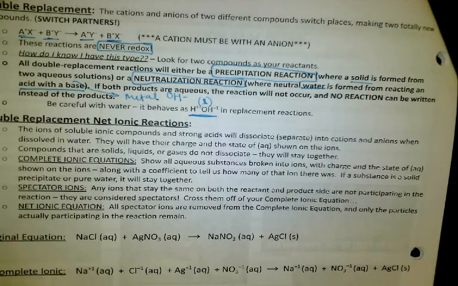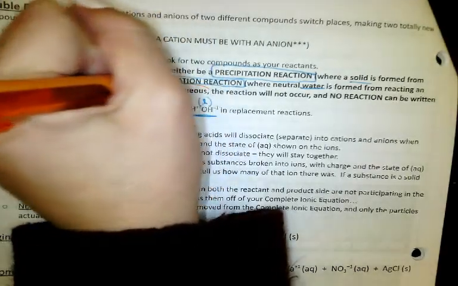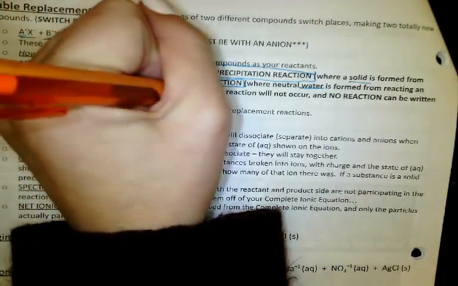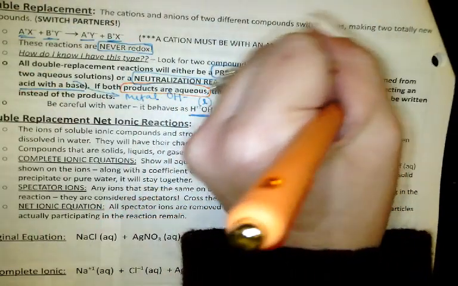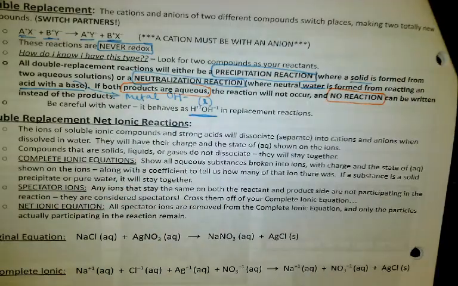Now, if both products are aqueous, not reactants, but products, then it's no reaction, because that's just basically like mixing two sodas together. Say you mix Sprite and Coke together.